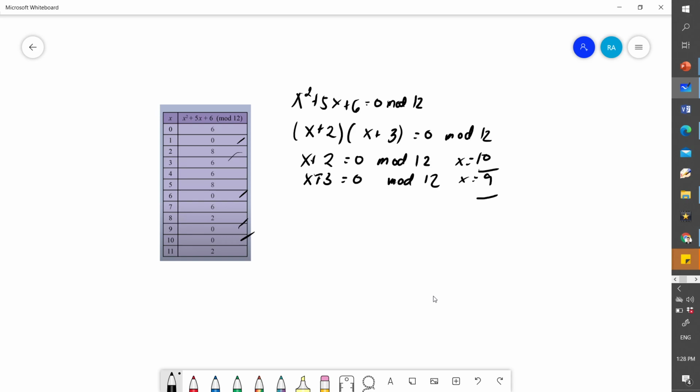To see why, let's see what happens when you plug in 1. So x equals 1 will give us the equation 3 times 4 equals 0 mod 12.